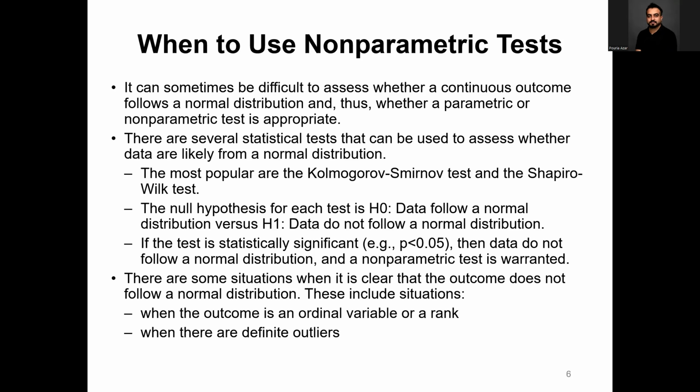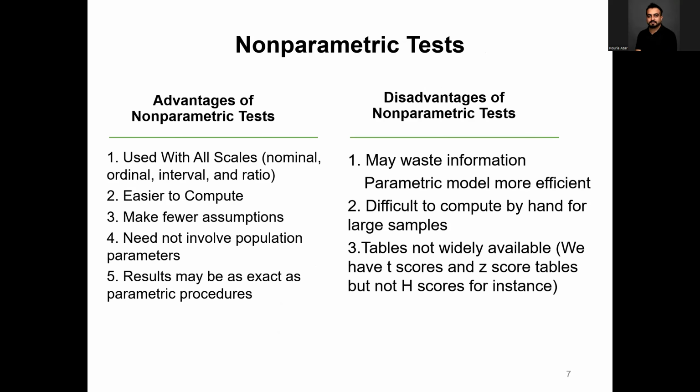So here are some advantages and disadvantages of non-parametric tests. As I mentioned, they make fewer or no assumptions regarding the normal distribution or other assumptions of parametric tests. So it is one of the advantages of non-parametric tests. We can use non-parametric tests with all scales.